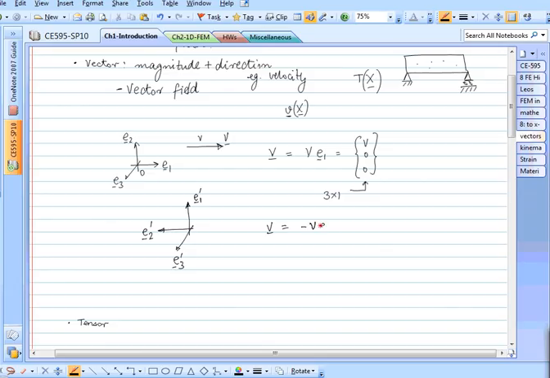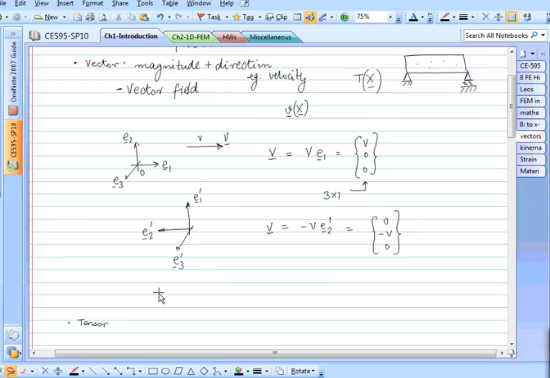And if I express that in the coordinate system, it becomes 0, minus V, 0. So as you can see, if I try to express my vector as a 3 cross 1 matrix, the definition changes from coordinate system to coordinate system. And therefore, a vector is a physical quantity which is coordinate independent. After you choose a coordinate system, the individual components of the vector will change.